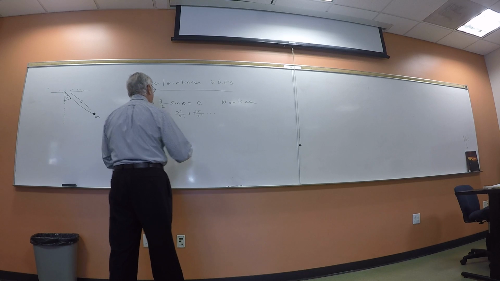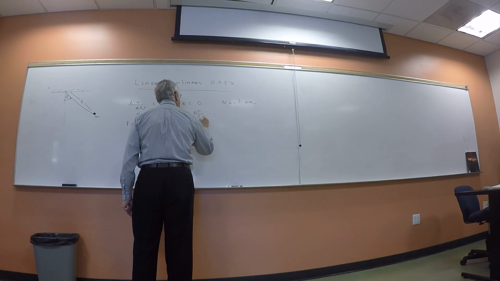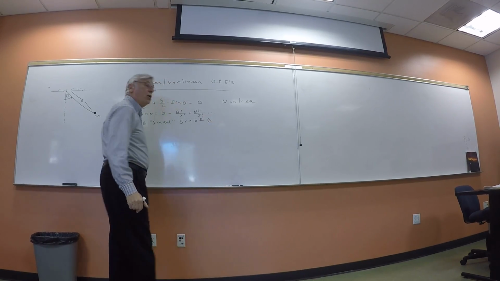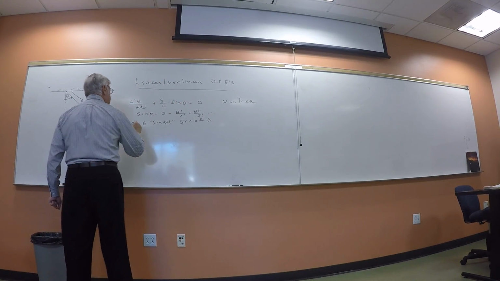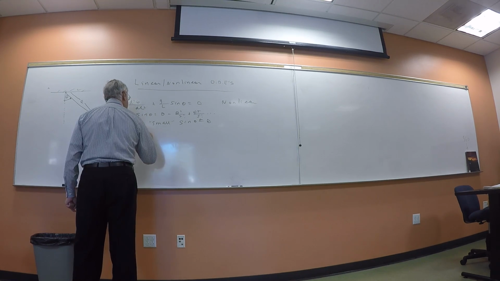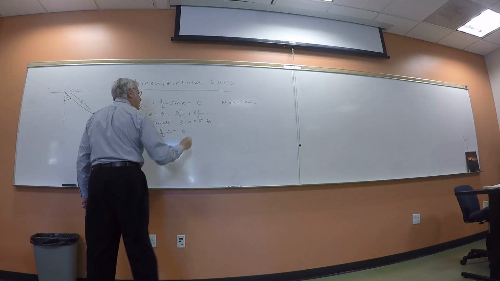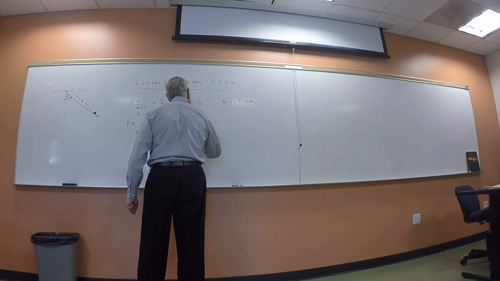Well, for theta small, sine theta is approximately equal to theta. So what's done later on is they just substitute theta for sine theta. And now you have the second derivative of theta with respect to time plus g over L theta equal to 0. That's the linear equation.